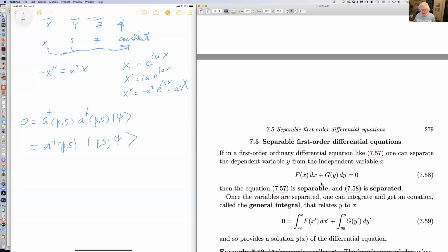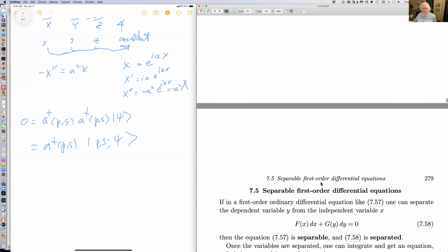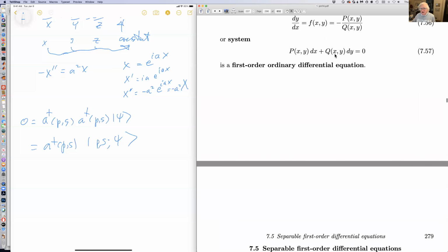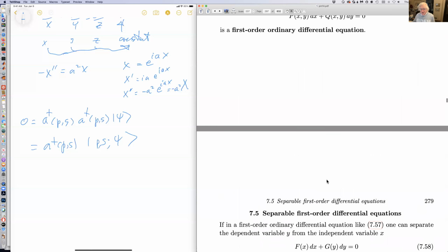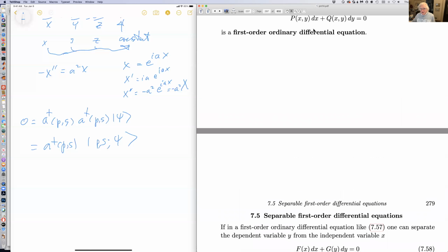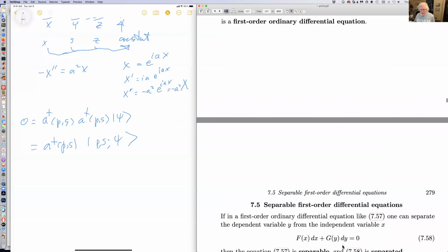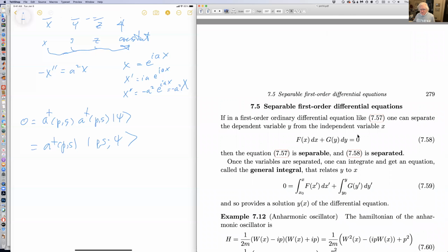Then we say that this equation is separable, and this is its separated form. Once you have the separated form, you just integrate over x and over y, and you still get 0. You integrate from x0 to x, from y0 to y.